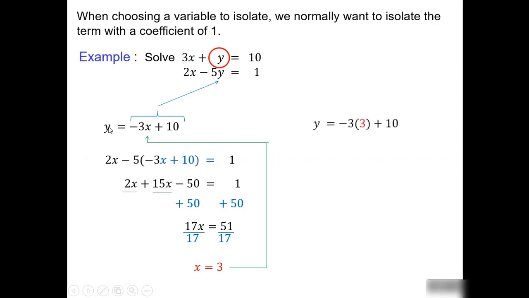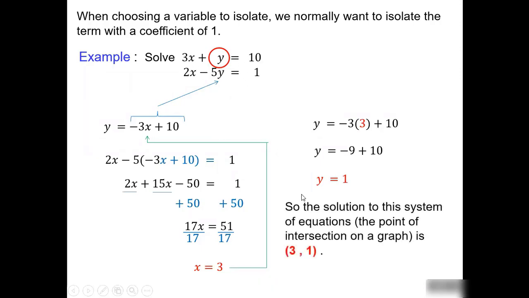So we say y equals negative 3 times 3, which is negative 9, plus 10, which means that the y coordinate is 1. Now I encourage you to always plug these values into each equation to make sure that it works. So therefore, our point of intersection, if we were to graph, would have been (3, 1).